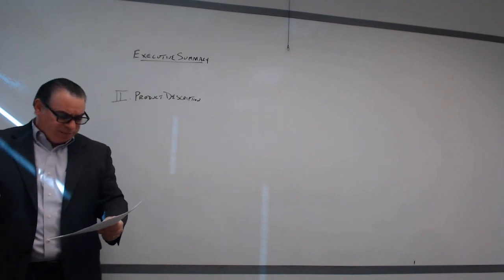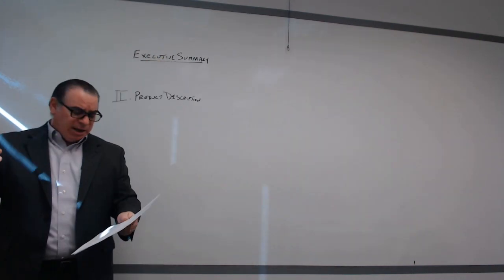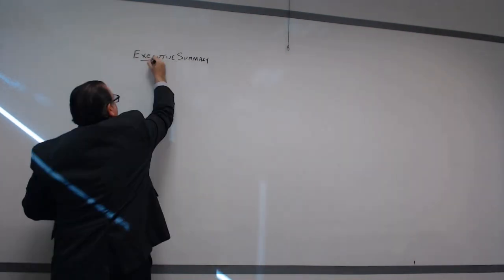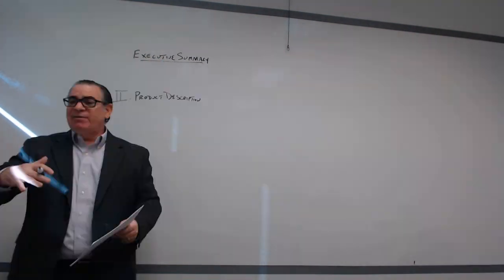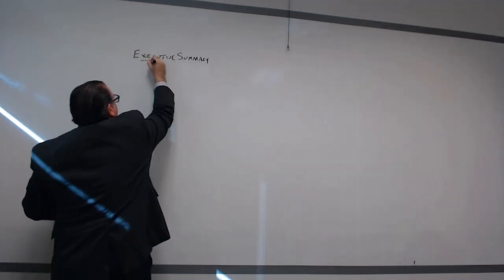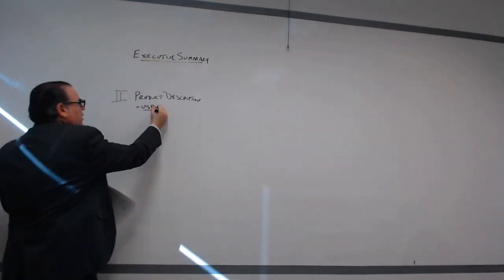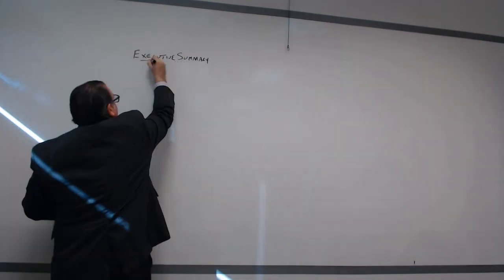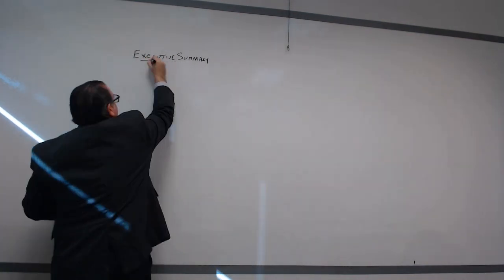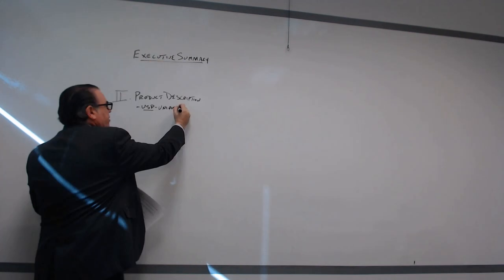In your product description, you really want to describe how your product is different than everyone else. What makes your product so special and unique? So I would put here what we call the USP. You guys remember what the USP is? That's your unique selling proposition. So what makes you so different? Your unique selling proposition goes here.